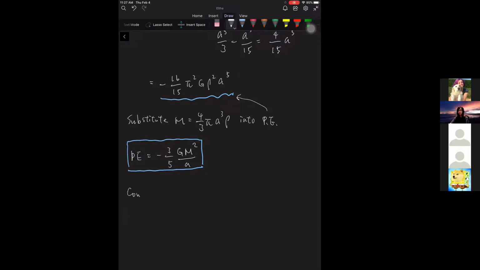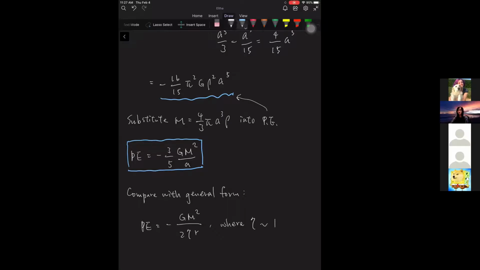We have the general form of potential energy should be negative gm squared over 2 eta times r, where we know that eta should be some constant approximately equal to 1.